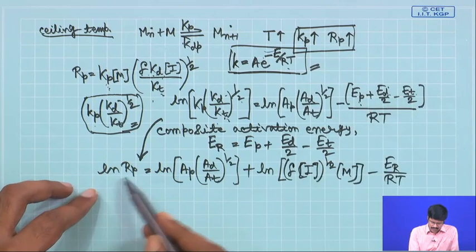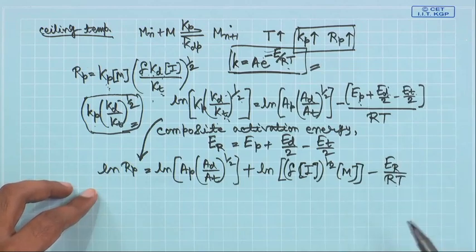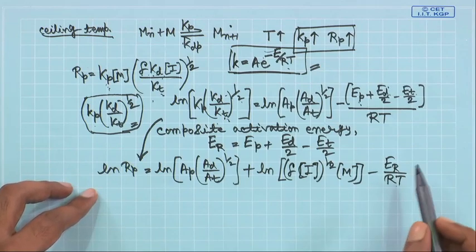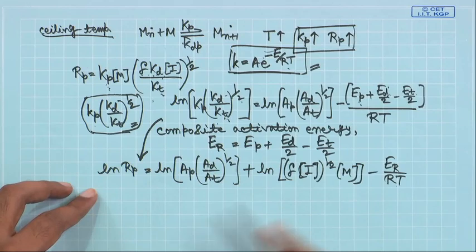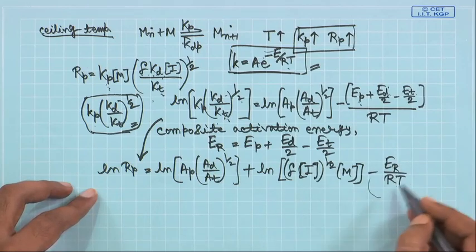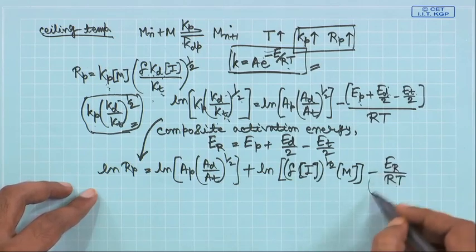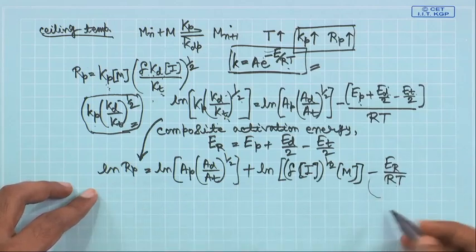And if you are plotting ln Rp versus 1 by T, then you can find out this part and also this part, because that will give you the overall activation energy as the slope, because ln Rp versus 1 by T will be linear. So, that will be the slope of that.